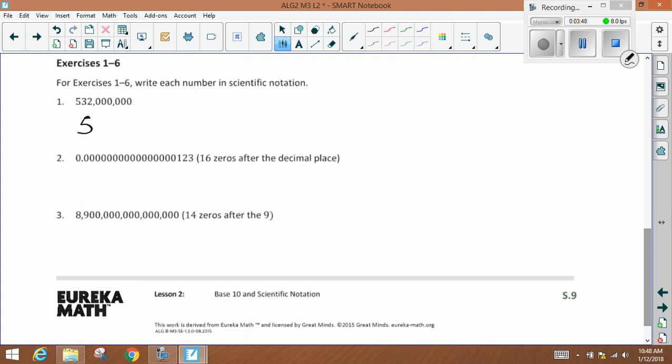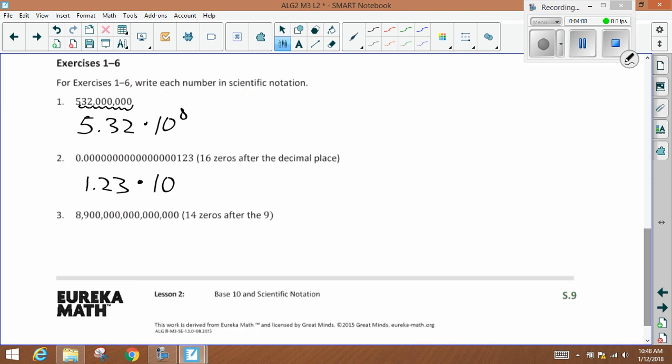So we're going 5.32. The decimal is there. So we're going to count 1, 2, 3, 4, 5, 6, 7, 8 times 10 to the 8th power. It says that there are 16 zeros after the decimal point.